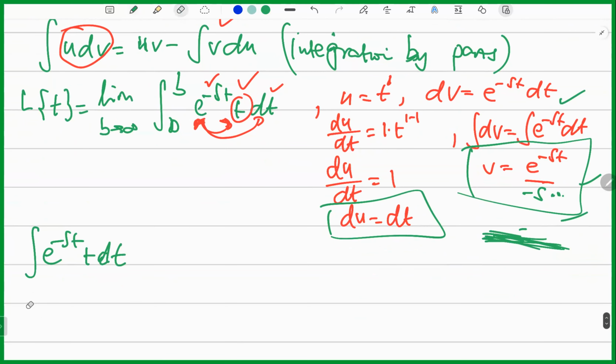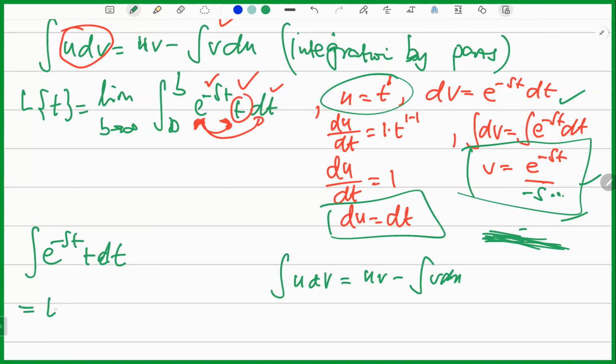So this integral here is equal to what? I'm going to use integration by parts: the integral of u dv is equal to uv minus the integral of v du. What is u? u is t.